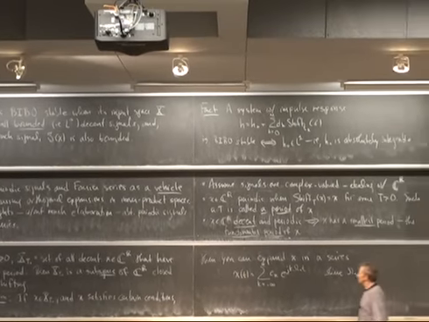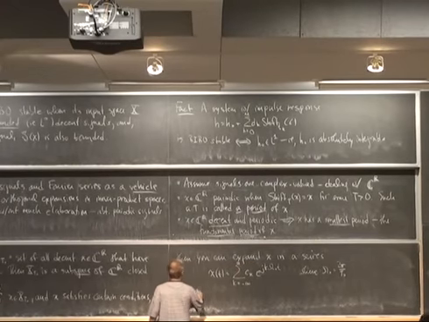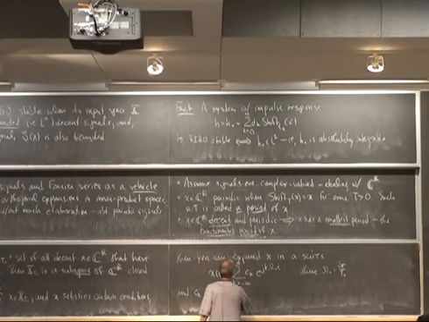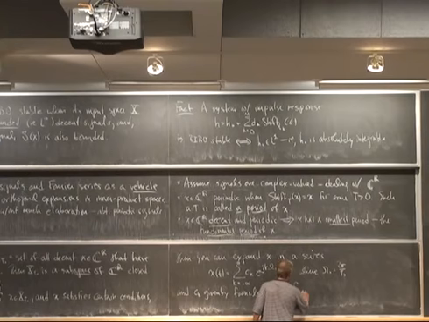And the c_k's are given by the following formulas. C0 is 1 over T0 integral sub T0 of x of t dt. And what does this notation mean?